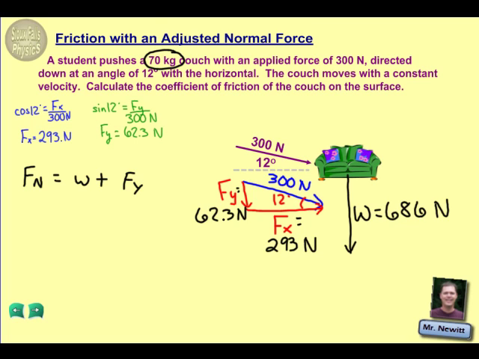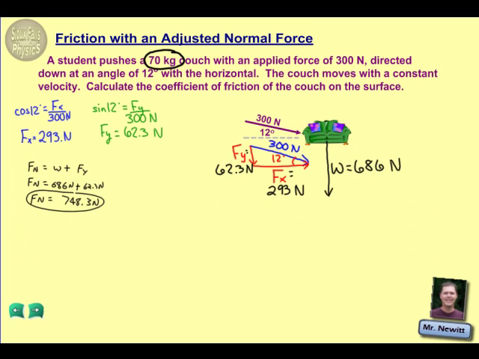So adding the 686 newtons of weight plus the 62.3 newtons of F sub y, we get a new normal force then that is being supplied by the floor upward of 748.3 newtons. Now that we know that normal force, we are ready to calculate our coefficient of friction.